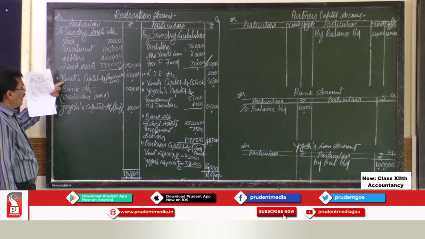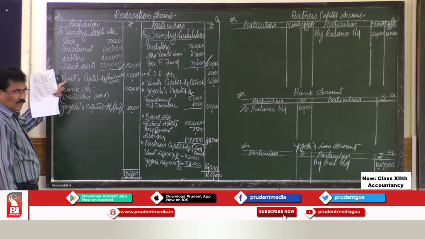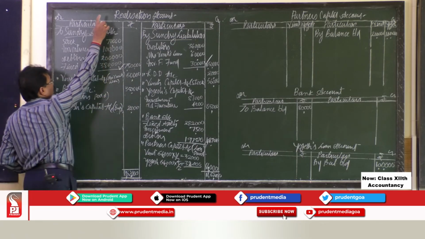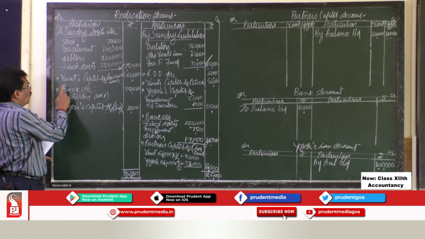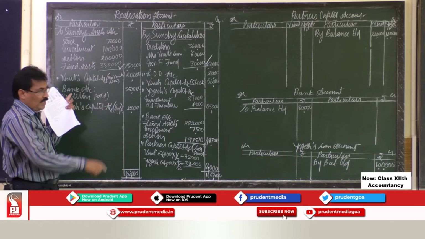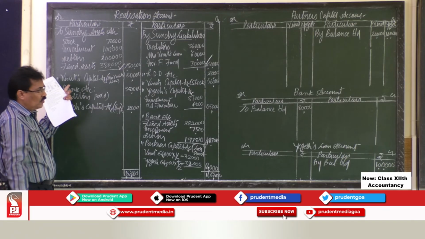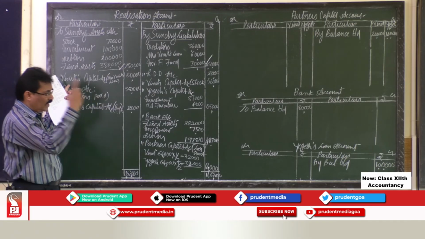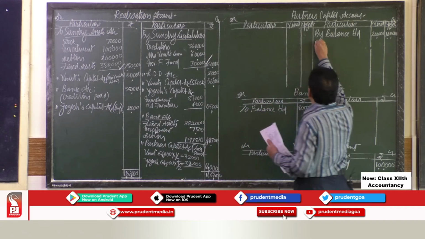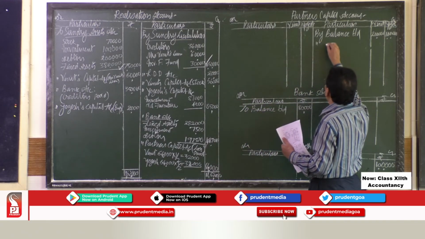So here Vinith's capital account is debit. When Vinith's account is debited, the entry is realization account debit to Vinith's capital account. So when we post it, here we debit, but in Vinith's account it comes on the credit side because every debit has a corresponding credit. It is because of the double entry system of accounting.